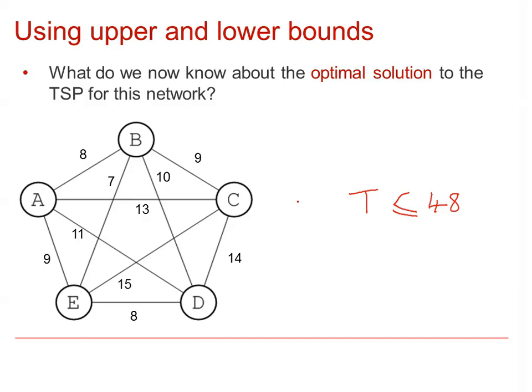Now, from this video, we know that the lower bound is 45, but we know that this is not a valid solution, so the optimal tour has to be bigger than 45. So we know that the optimal solution has to be greater than 45 and less than or equal to 48.